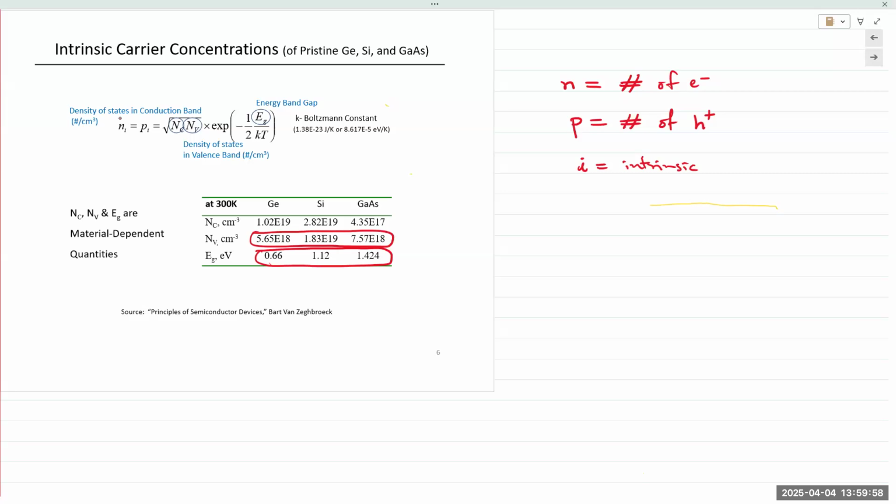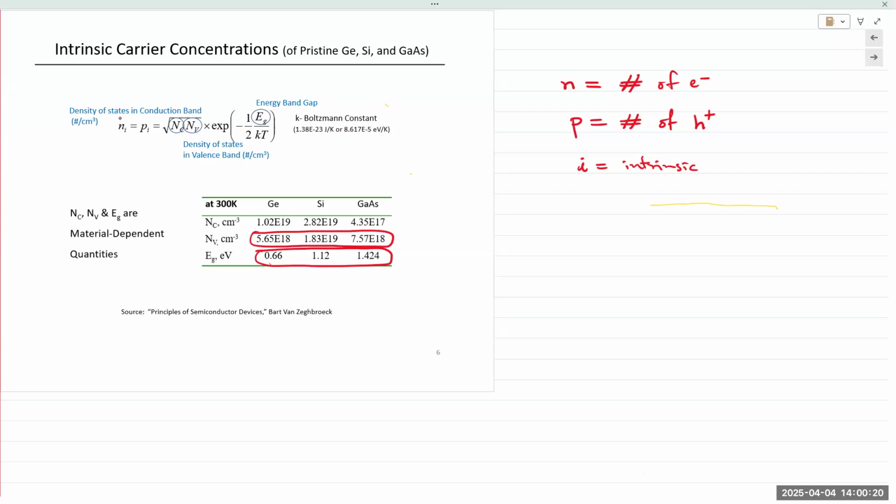That's the density of states. That's a material property. So these numbers for germanium, silicon, gallium arsenide hold true under most conditions. Again, it's a simple plug and solve equation.